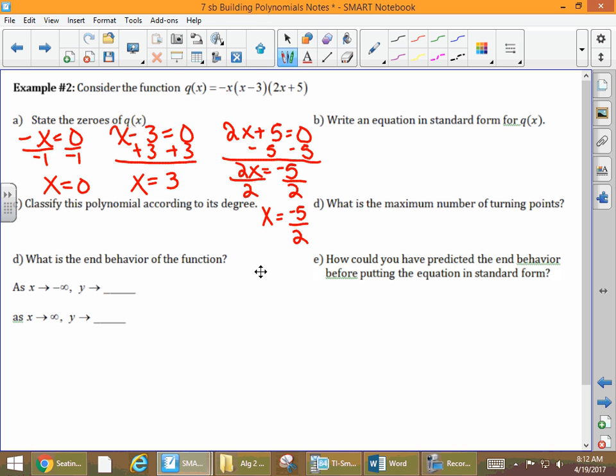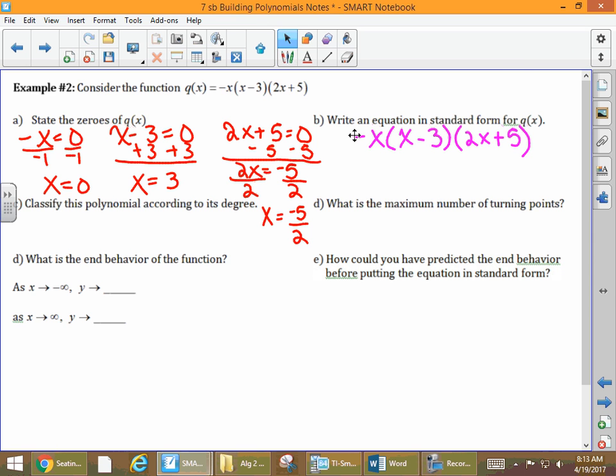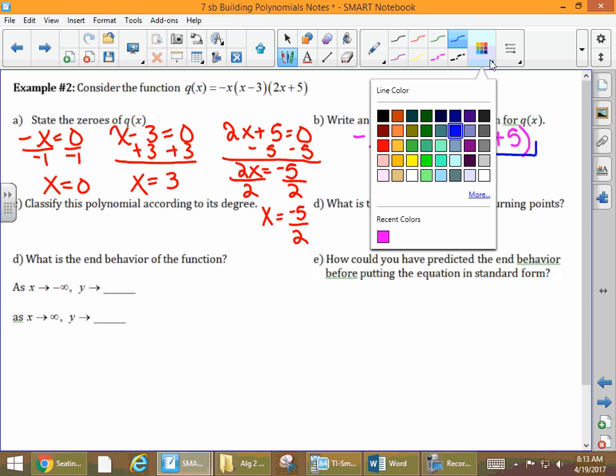Once you distribute it once, you don't distribute it twice. So again, we're going to take negative x times x minus 3 times 2x plus 5. I recommend that we multiply these two together first, get an answer, and then multiply by the negative x to finish.